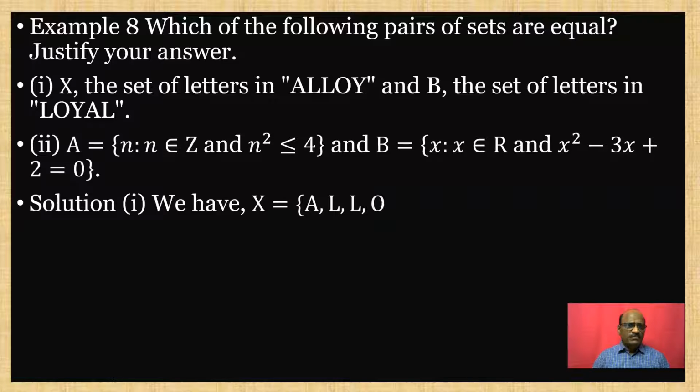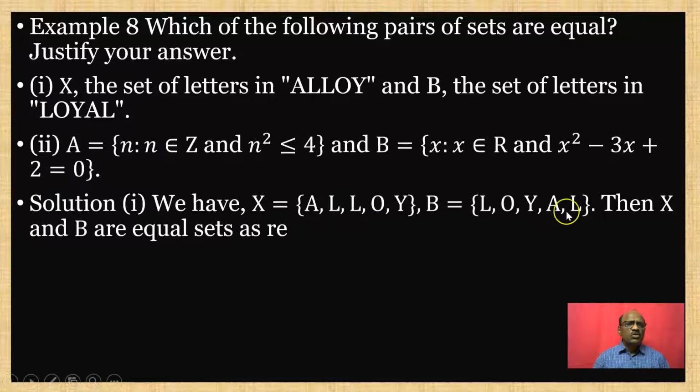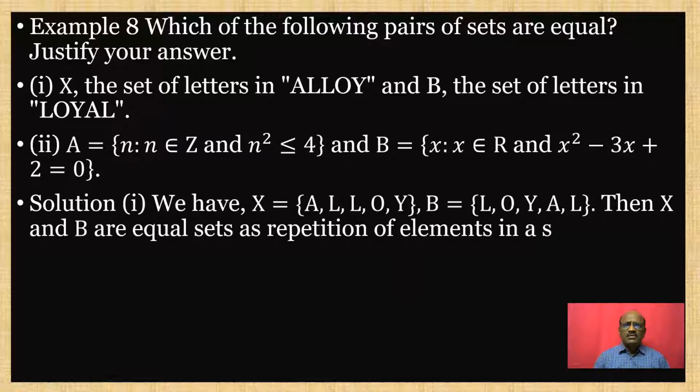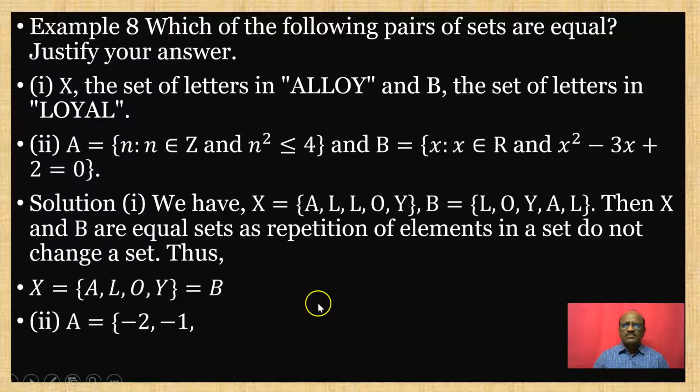We have A is equal to A, L, L, O, Y, and B is equal to L, O, Y, A, L. Then the sets A and B are equal sets, as the repetition of elements in a set does not change the set, and thus both are equal.